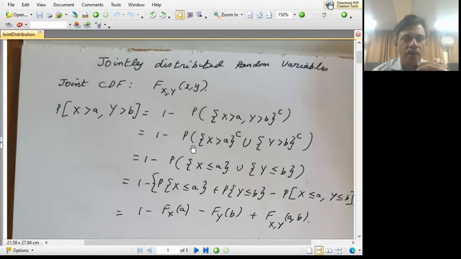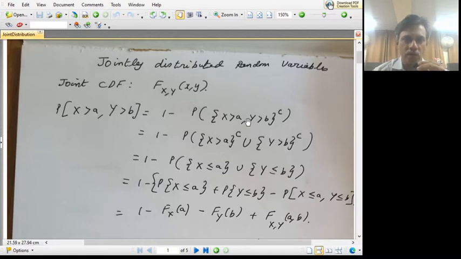Now these two events, X greater than a and Y greater than b, in terms of set theory, is this event intersection this event, whole complement. It is just like (A intersection B) whole complement.